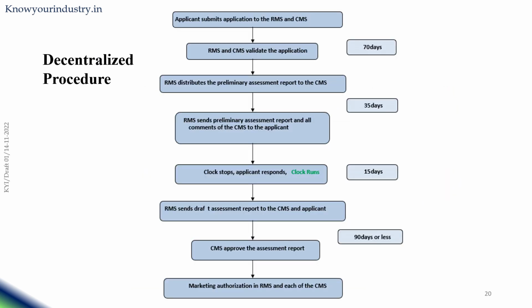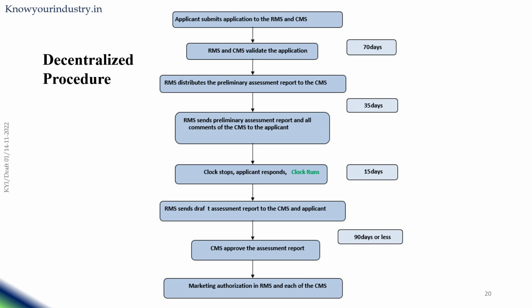Next is decentralized procedure. This is the flowchart for decentralized procedure. Applicant submits the application to the RMS and CMS. Then it goes for validation on 70th day. Then RMS distributes the preliminary assessment report to the CMS. After 35 days, the RMS sends preliminary assessment report and all comments of the CMS to the applicant.